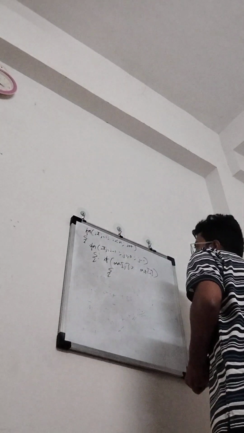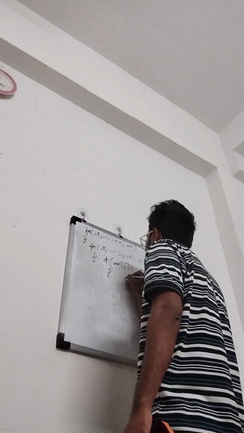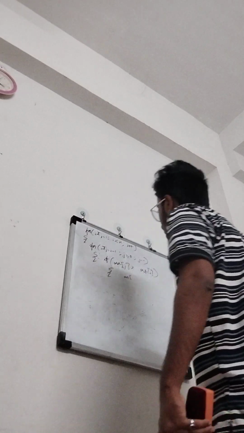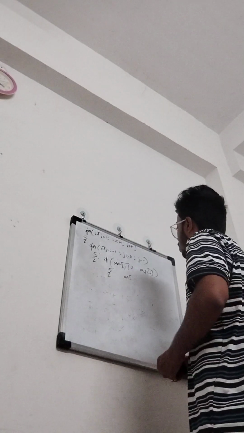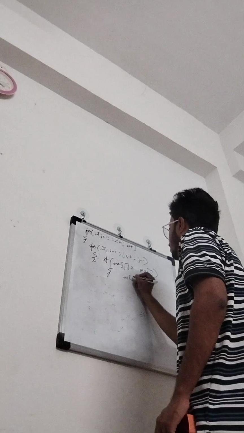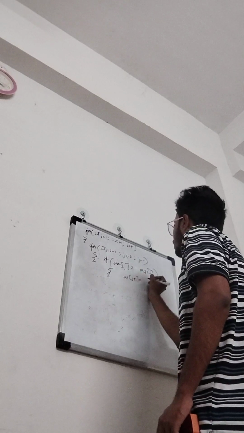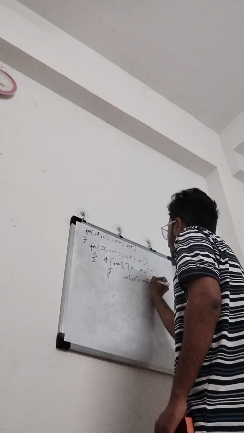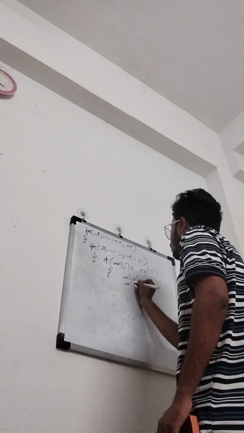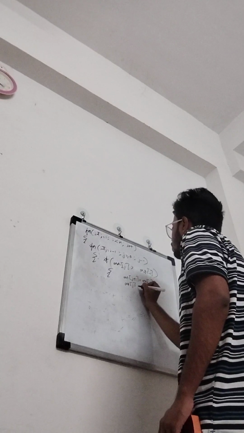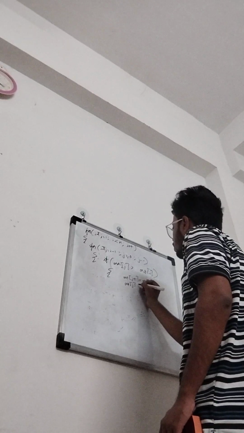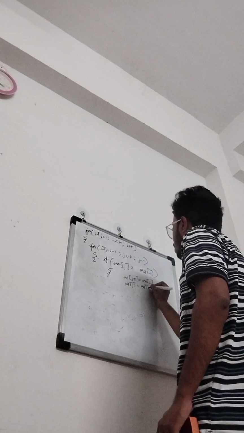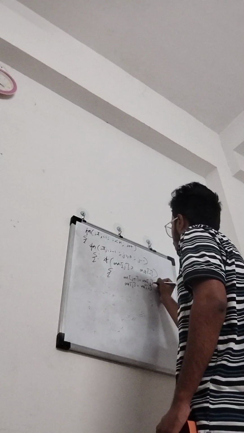Look, here array of j plus 1 will have the value of array of i, and basically this will have the value of array of j.